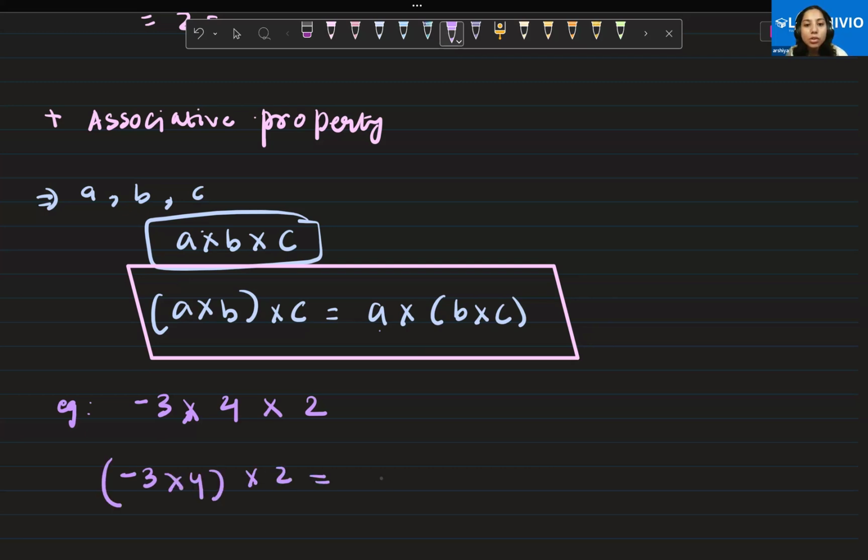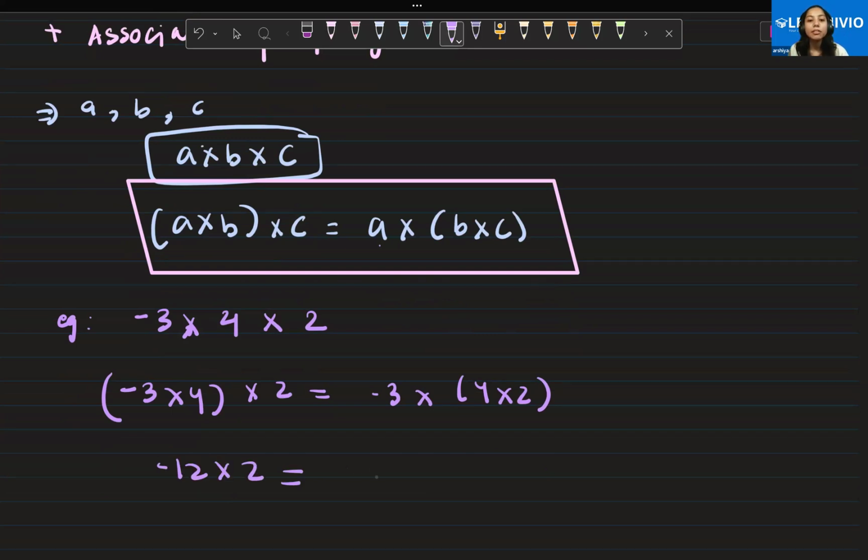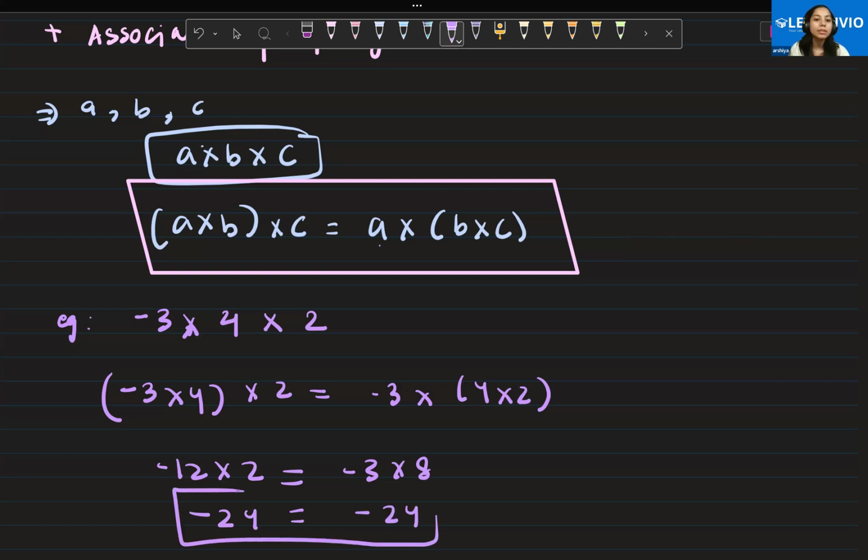A is negative 3 outside, multiplied by B into C, which is 4 into 2. 3 into 4 is 12, so the answer will be negative 12 times 2, which is negative 24. Here, negative 3 into 4 twos, which are 8, 3 eights is also 24, again negative 24. So we are getting the same answer.